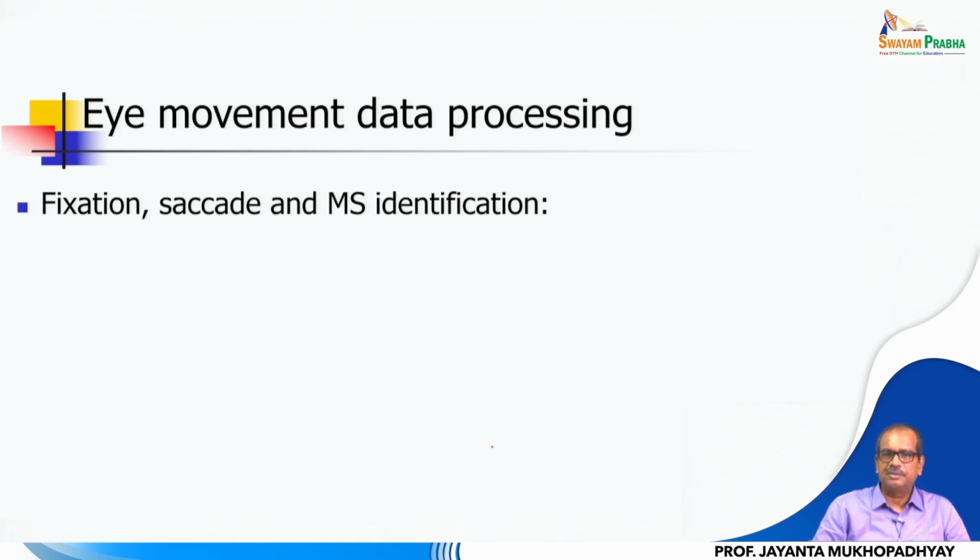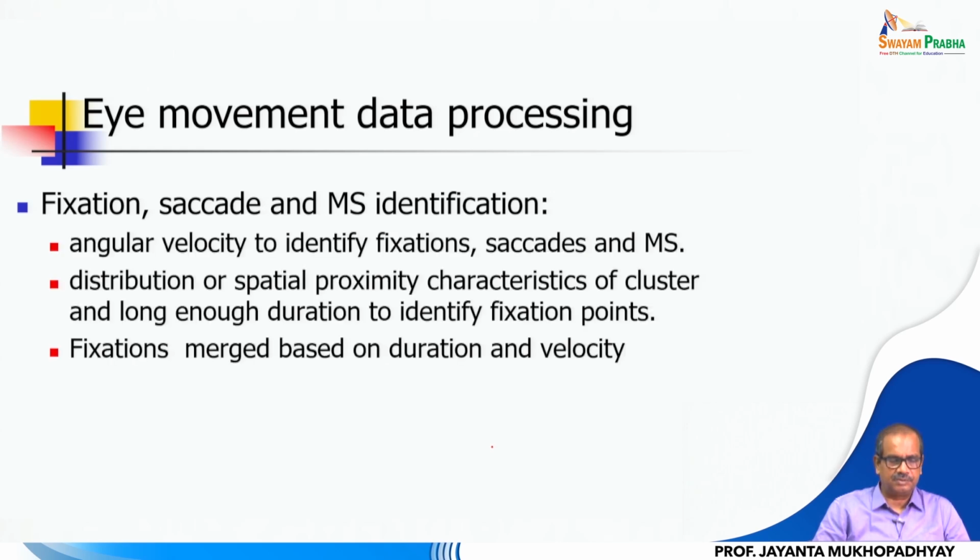So one has to consider the behavior of the trajectory. If it is a fixation, it should be concentrated on a small zone in the image. If it is a saccade, it should be long jumps from one point to another point, not only the velocity first. If it is a microsaccade, then the velocity is also high and it would be around the fixation points. So all those characteristics by definition should be exploited to identify those zones.